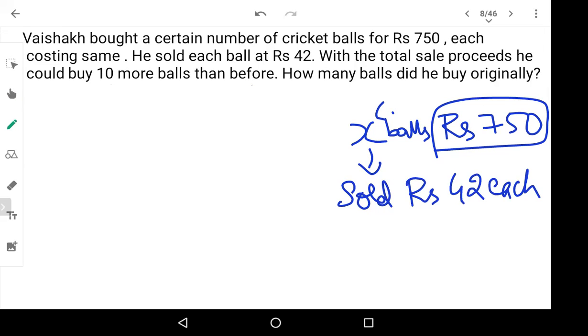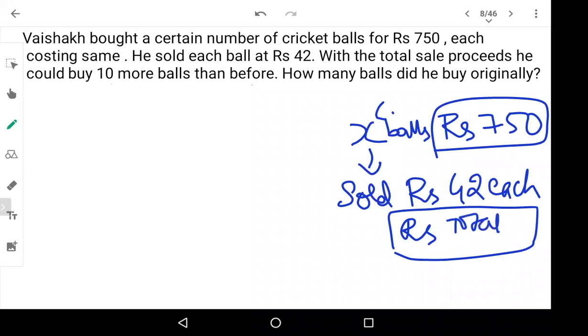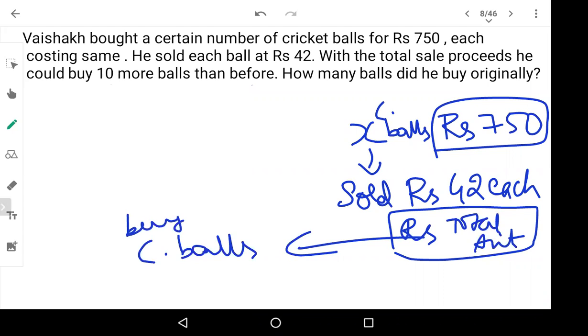After selling he would get some total amount, right? By using this total amount he again went to buy cricket balls, but this time he got extra 10 balls than last time.